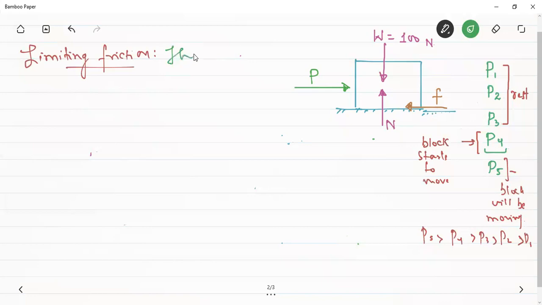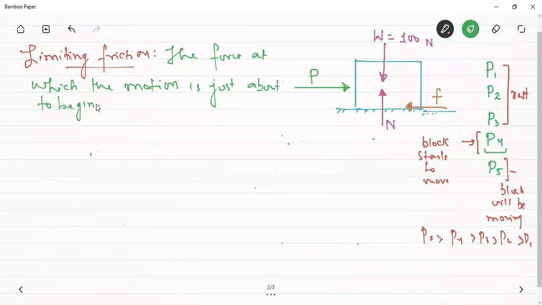It is the force at which the motion is just about to begin, that is, the block is just about to slide. The block will be at rest, but it is just about to slide.